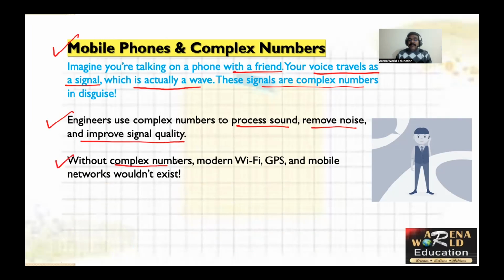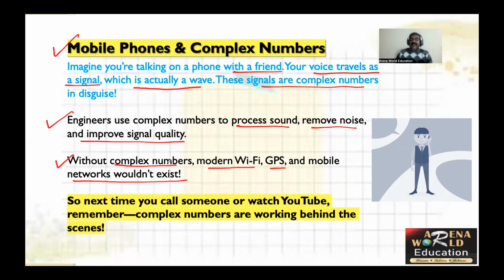Without complex numbers, modern Wi-Fi, GPS, and mobile networks wouldn't exist, right? So next time when you call someone or you are watching anything on YouTube, remember complex numbers are working behind the scenes. So in this way, complex numbers are helping us in our day-to-day life, right?